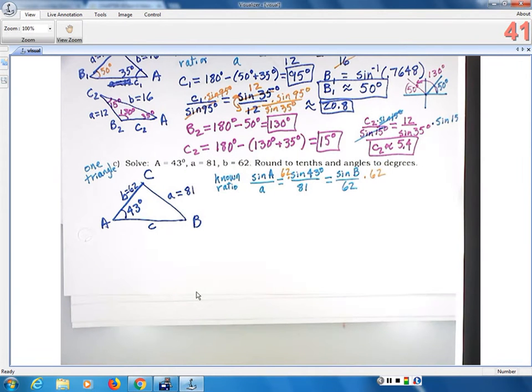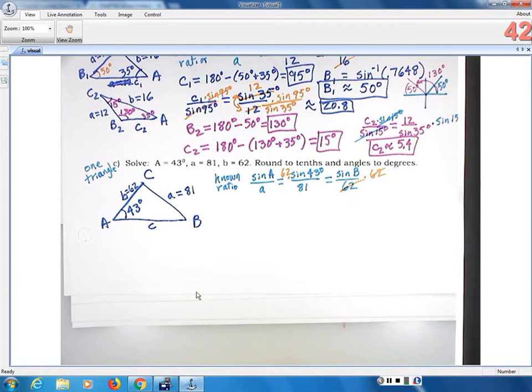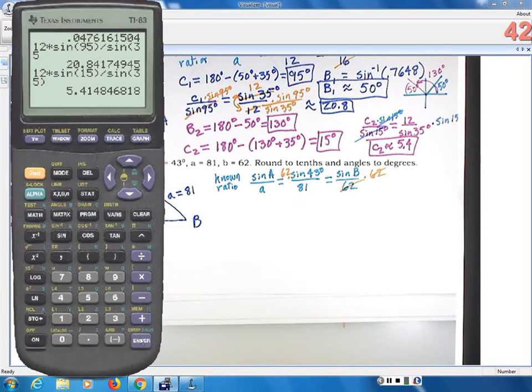So sine of B is all of that. Let's find out what it is. It should be 62 times sine of 43, close the parentheses, and then divide by 81.